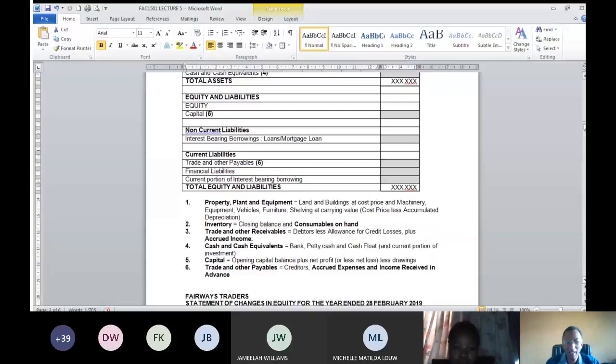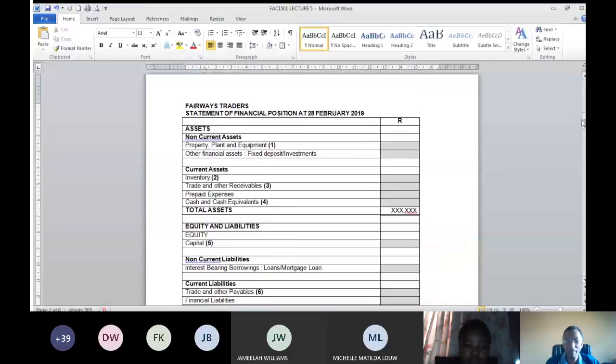At the bottom there, under number 1, you will see that property, plant, and equipment is the buildings, the equipment, the vehicles, the furniture, shelving if you've got. All of those items make up your property, plant, and equipment. Show the calculation and get an amount there.